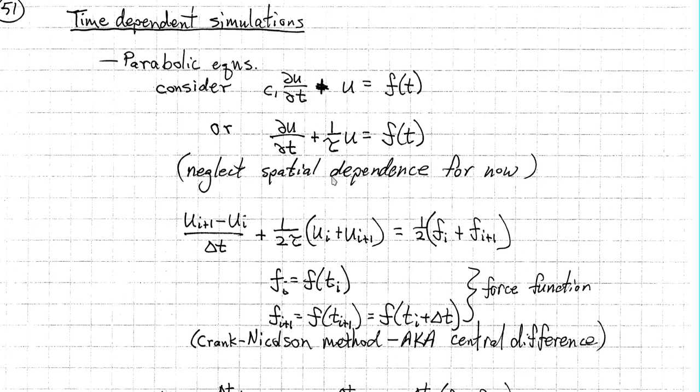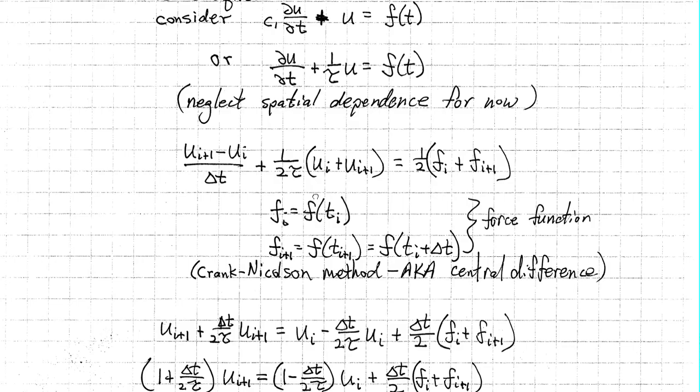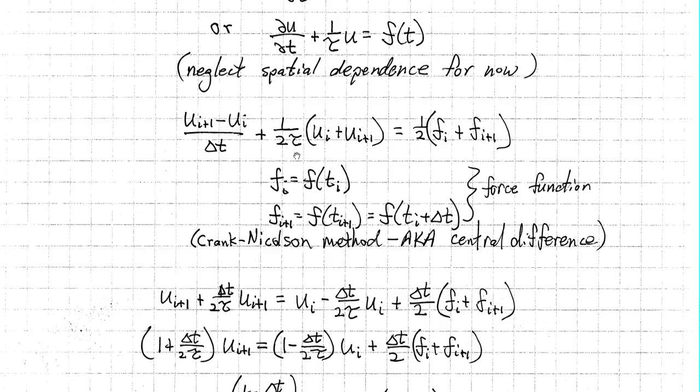Alright, now let's really just focus on taking the, here we take u_{i+1} minus u_i over delta t, and I'm taking the average of f_i and f_{i+1}. Keeping in mind, i is my current time. So at this point, we're just going to take this equation and rewrite it.